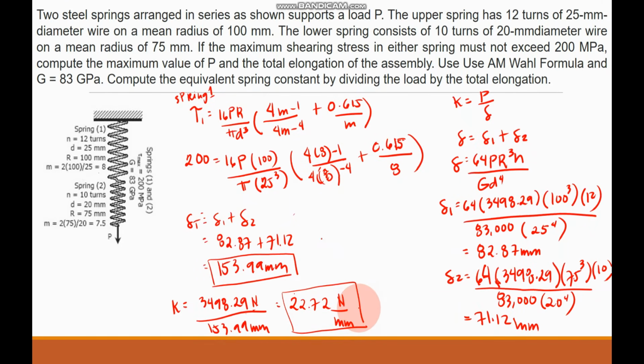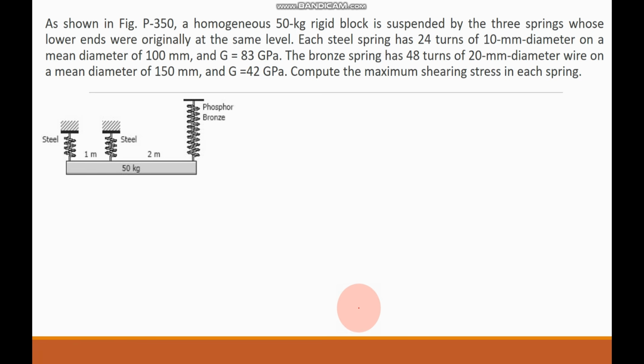Next example. As shown, a homogeneous 50 kg rigid block is suspended by the 3 springs whose lower ends were originally at the same level. Each steel spring has 24 turns of 10 mm diameter on a mean diameter of 100 mm, and the shear modulus is equal to 83 gigapascal.